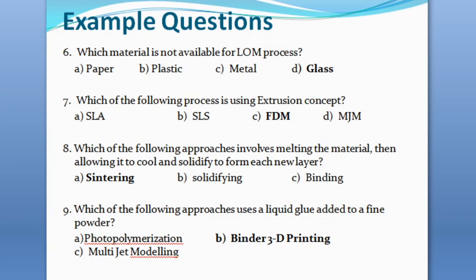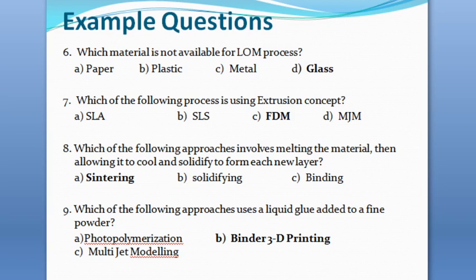Which of the following approaches involves melting the material, then allowing it to cool and solidify to form each new layer? Sintering, solidifying, binding. The sintering process uses the above method.